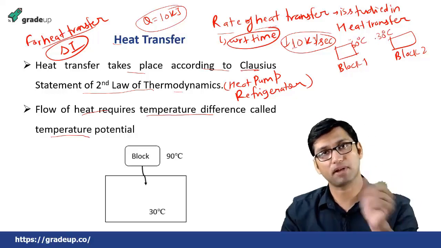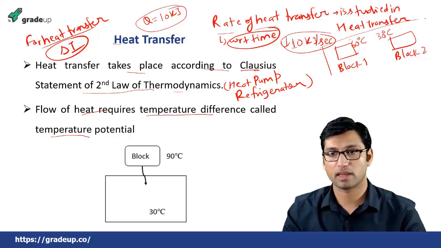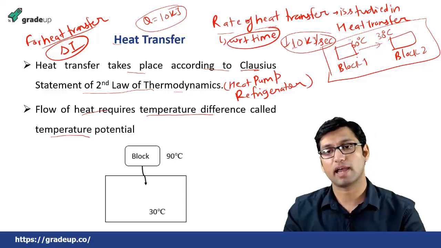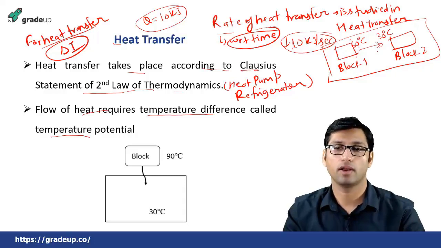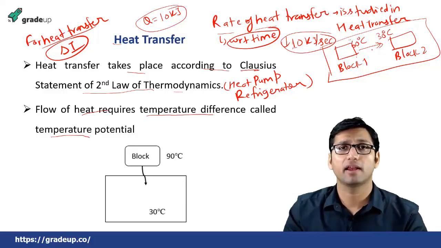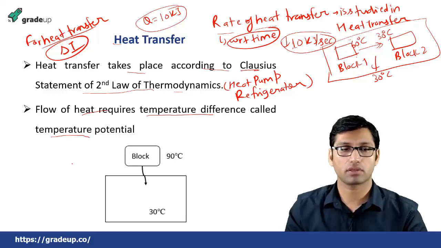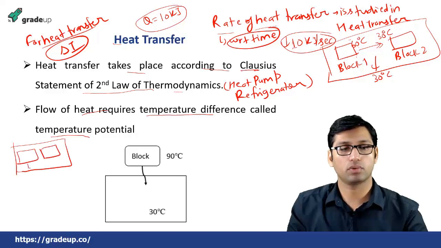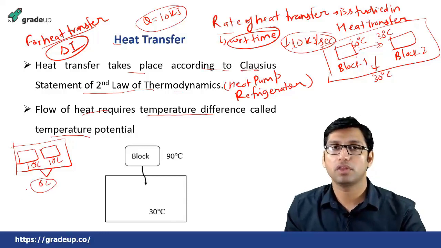If there is a temperature difference between the two blocks kept in a closed vessel, heat transfer will naturally take place from the high temperature block to the low temperature block, and it will not require any work. So the temperature difference is 30 degrees Celsius. Suppose that after some time the blocks almost come to the same temperature, 10 degrees Celsius, which means the temperature difference is equal to 0 degrees Celsius.